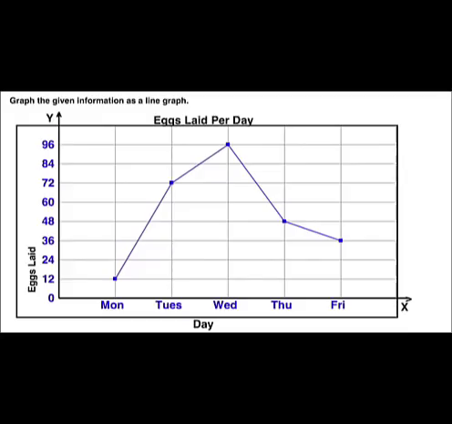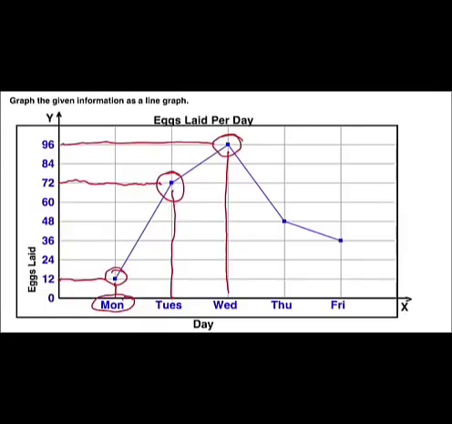We can see on Monday, here's Monday, that 12 eggs were laid. We see on Tuesday, come up from Tuesday, that 72 eggs were laid. Now we go to Wednesday, and we can see on Wednesday that 96 eggs were laid.